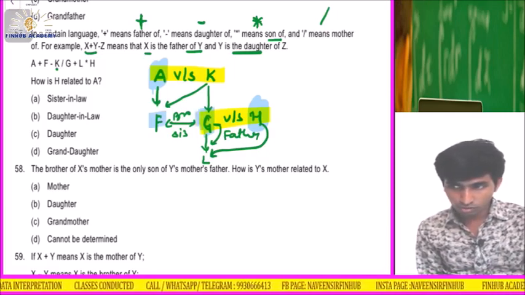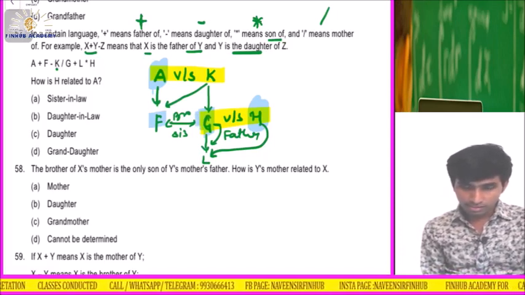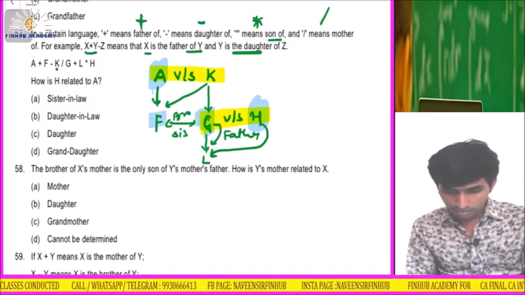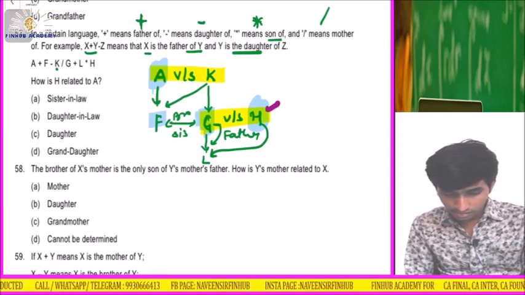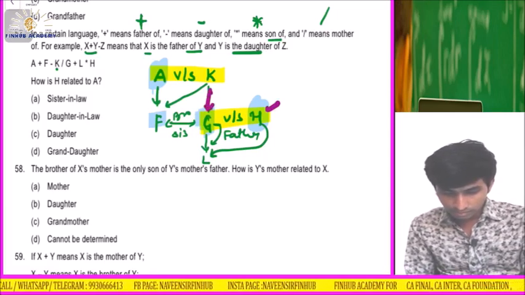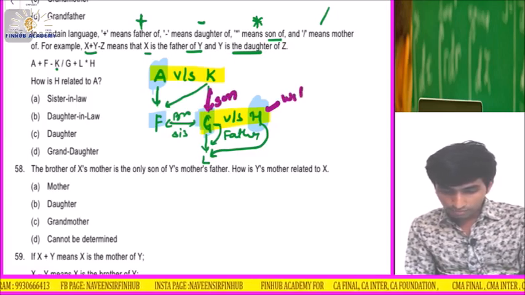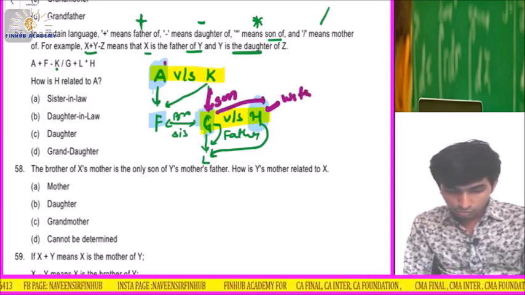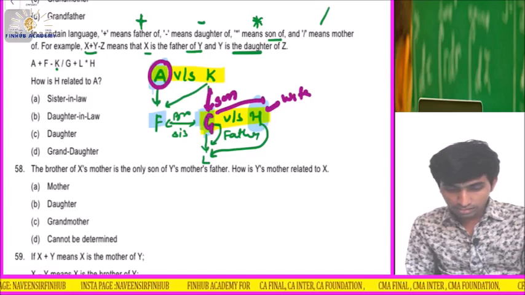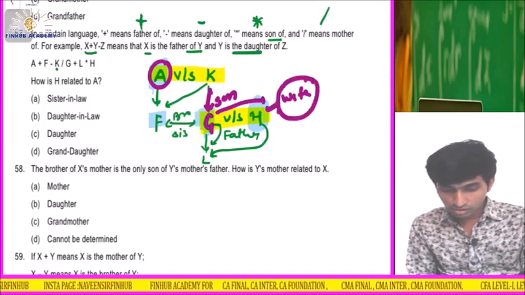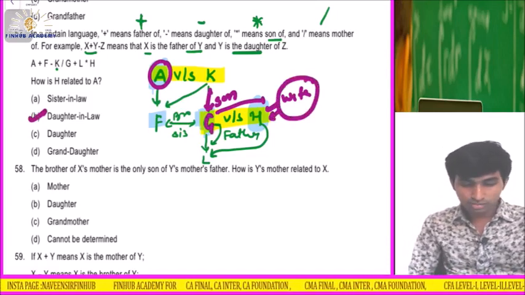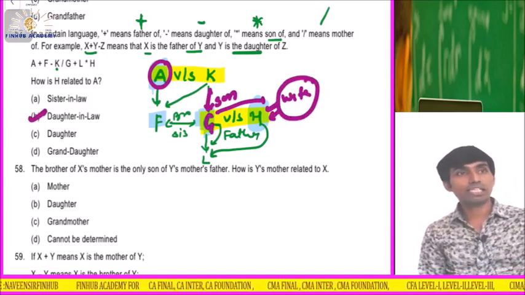What do you think H is? This is female, this is son. Female can't get married to female. So this is wife of this G. A is father of G. That means H is daughter-in-law of A.